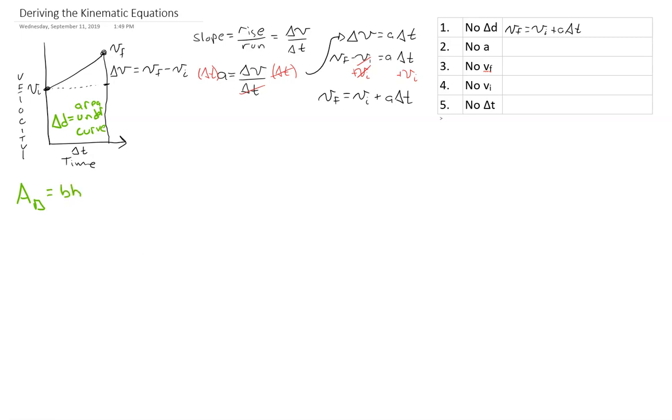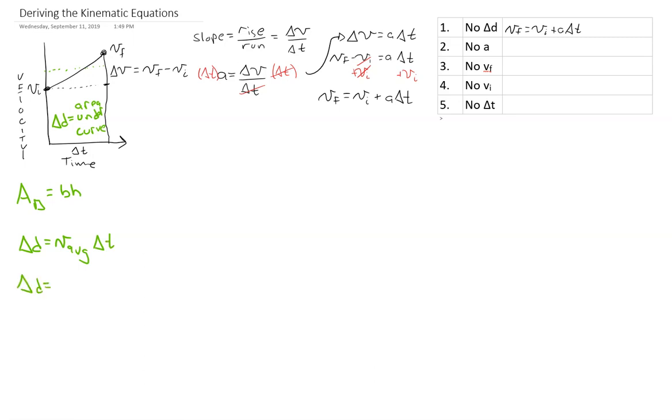So my base here is delta t, and my height, this isn't a rectangle, but if I take the average of my 2 velocities, so here if I add up Vi and Vf and divide by 2, I'll get some average velocity. So rather than having a triangle on top of a rectangle, I'll just turn it into a big rectangle, like so. And that is exactly how I get my second equation. I take my average of my velocities and I multiply it by my time.